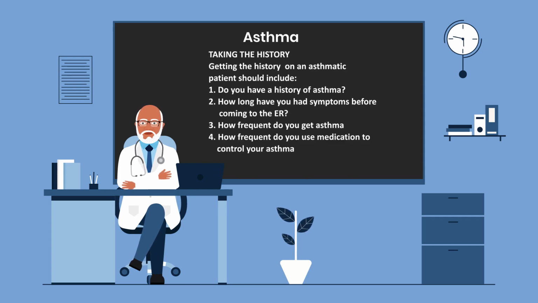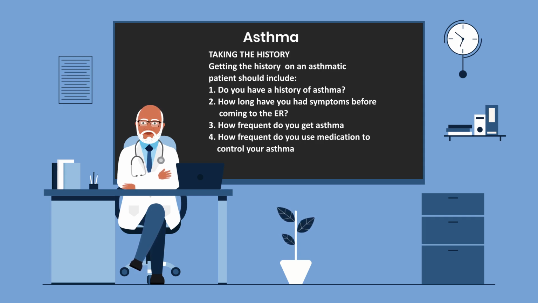Let's talk about taking the history. Getting the history on an asthmatic patient should include the following. Number 1, do you have asthma or do you have a history of asthma? Number 2, how long have you had symptoms before coming to the ER? Number 3, how frequent do you get asthma?